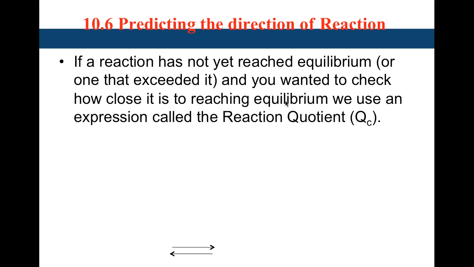So with the HI experiment, for example, if you decided to test the reaction at 8 hours, you would have found that you have exceeded the equilibrium time. Or if you tested it after an hour, you would have found that you have not quite reached equilibrium because you need another couple more hours to get to equilibrium. So that's when the reaction quotient becomes an effective tool for conditions where you want to check whether you've reached equilibrium.